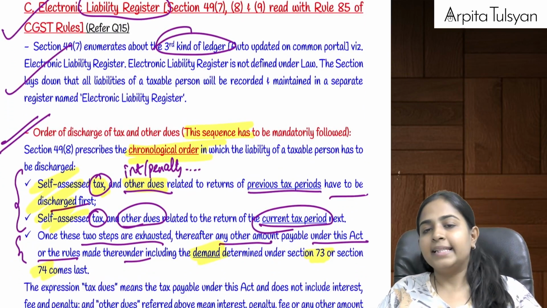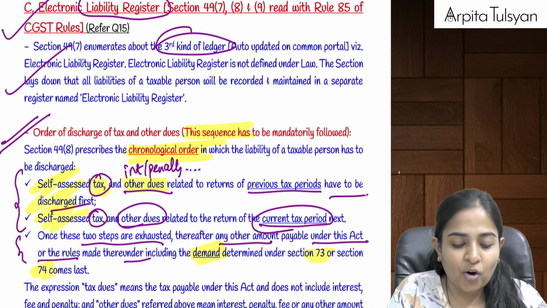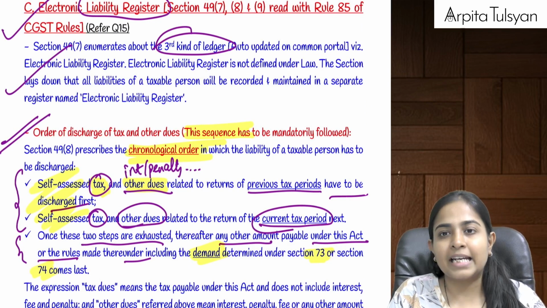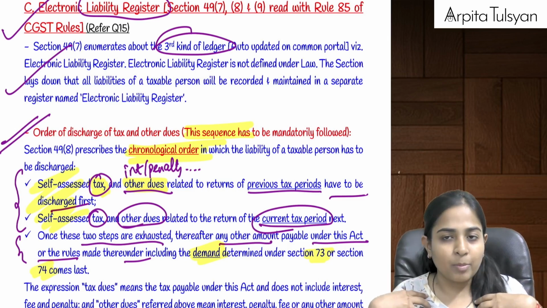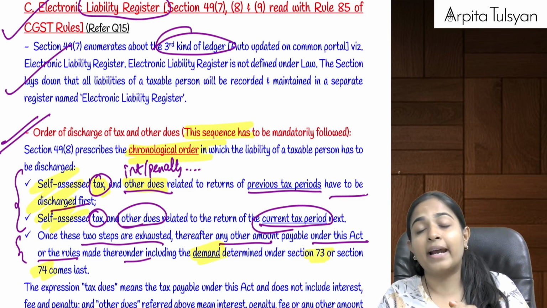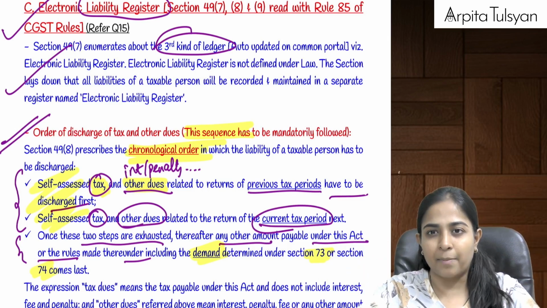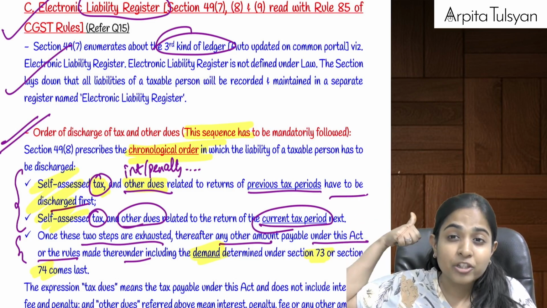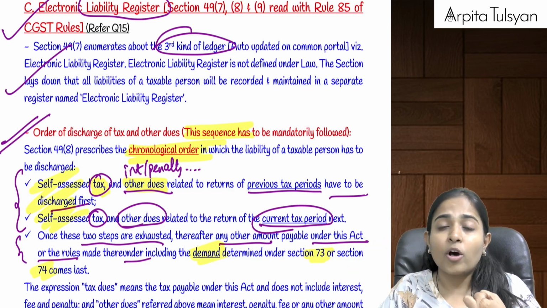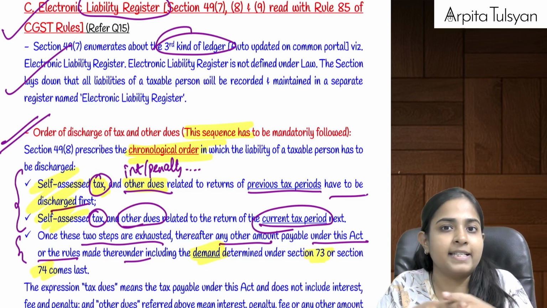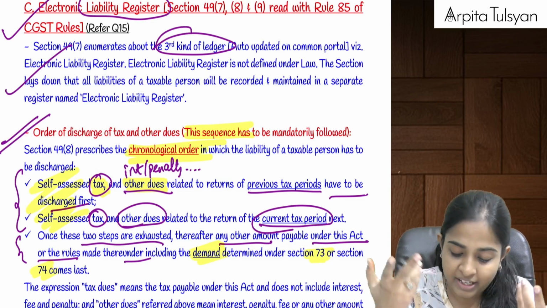Yes. Then the last type of register, that is electronic liability register. This will be maintained by you. On the debit side of the electronic liability register, you will record all the liability that is payable: taxes and other dues payable for any past period, taxes or other dues payable for the current period, or any other amount which has been determined by the GST authorities, for example by way of demand notice under section 73-74.